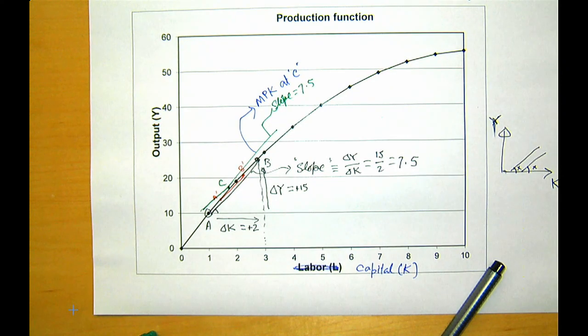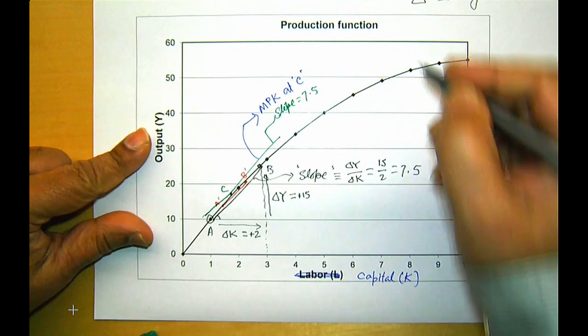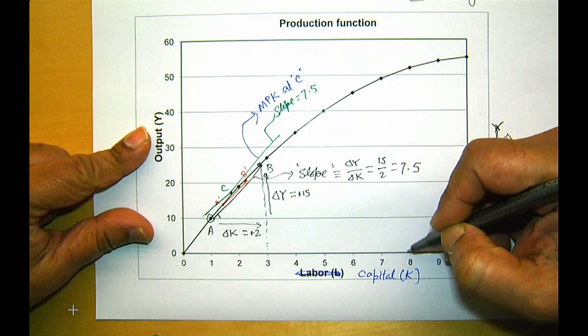Okay. Once you understand that, let me ask you the question I already asked. If I draw another slope, this time it will be blue, at this point, say at 8.